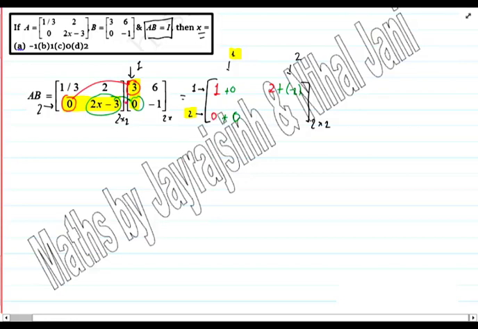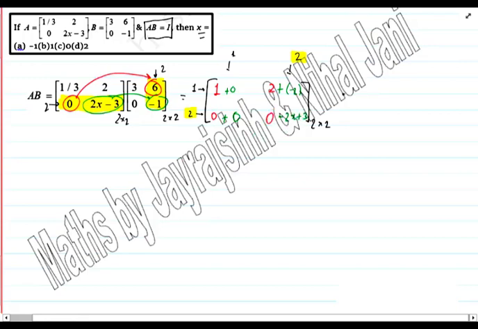Okay, now next is in second row, second column. So we have to select second row and second column and multiply the corresponding terms. 0 into 6 will be 0, and 2x minus 3 into minus 1 will give us minus 2x plus 3.